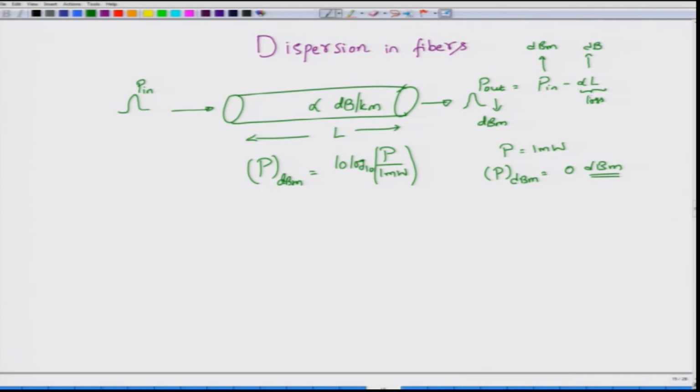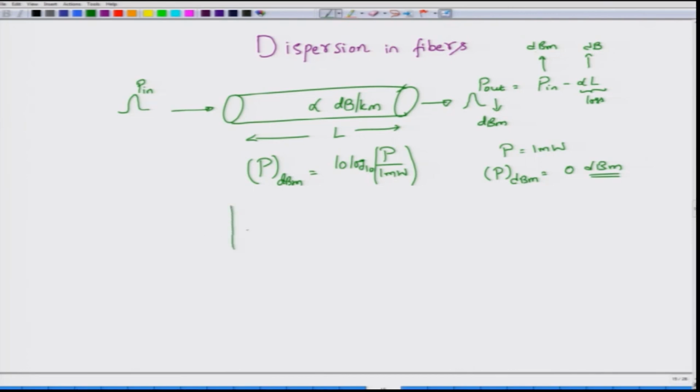So, instead of this alpha L product being a loss, if it was an amplifier which over a length L would have amplified the signal by, say, G dB per kilometer, then the total gain would have been G times L, in dB. That quantity could be added to the power when the power is expressed in dBm. In fact, this is the advantage of using dBm or decibel units.